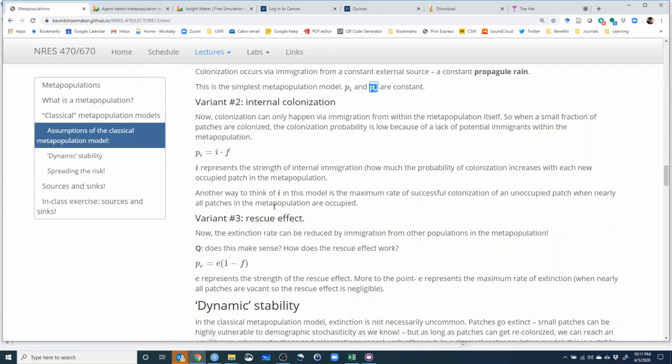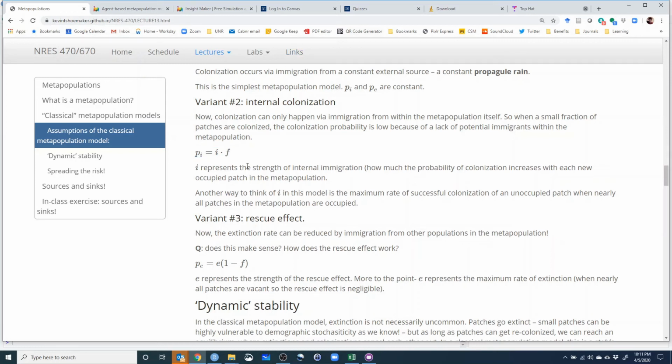So an unoccupied site has a low chance of becoming colonized. The more patches are colonized, the more chance that an unoccupied site becomes colonized. And so the probability of an unoccupied site becoming colonized is equal to this colonization rate, I, times the fraction of sites that are occupied in the metapopulation.